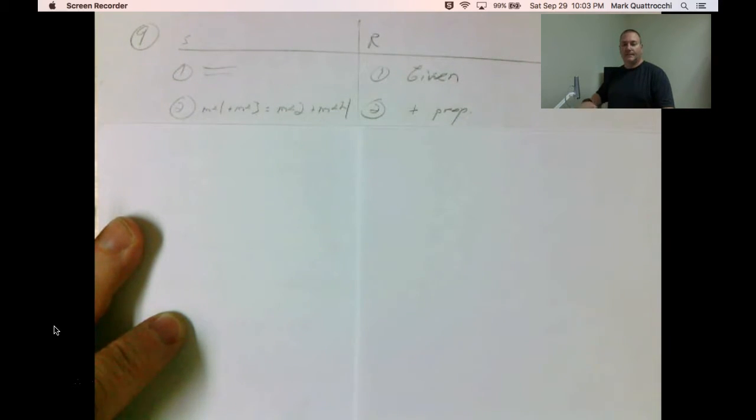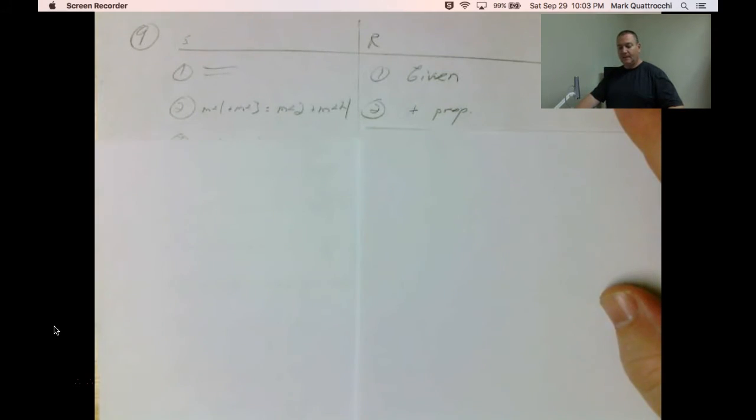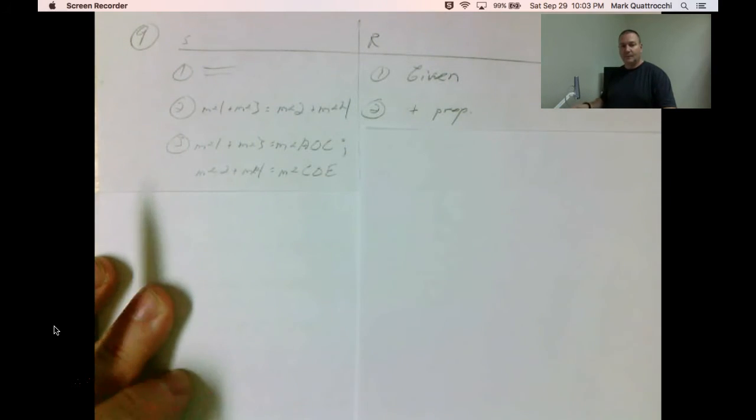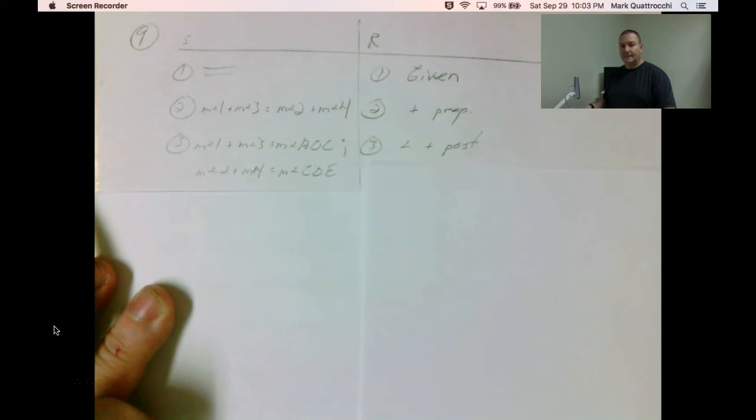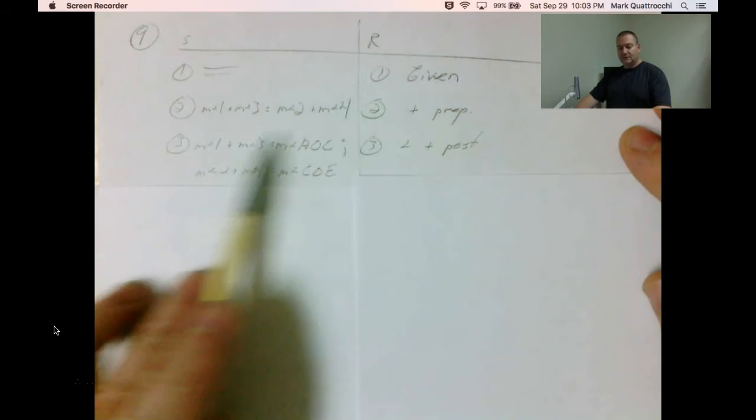Addition property. Okay. Measure of angle 1 plus measure of angle 3 is equal to measure of angle AOC. Measure of angle 2 plus measure of angle 4 is a measure of angle COE. What allows me to do that? Angle addition postulate. I'm adding two angles, getting a bigger angle. Okay. What can I do with these two statements?